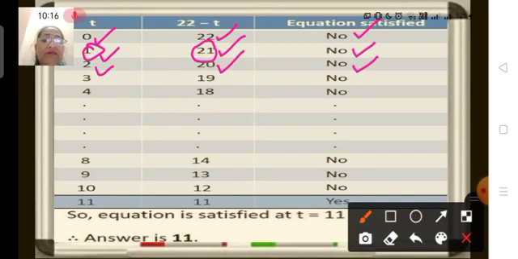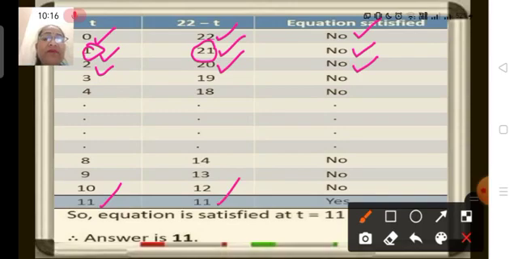Like this, we will try different values of t, and finally we will reach the value t equals 11. If we put t equals 11 in the expression 22 minus t, we'll see that we get 22 minus t as 11.